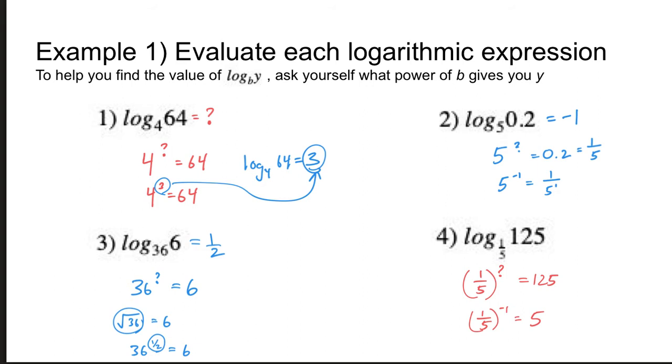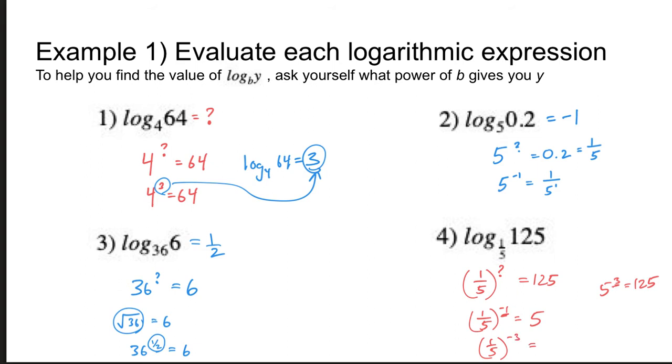Here's the other thing I'm thinking about: 5 to the third power. I know 5 to the third power is 125. So how do I go from 1/5 to 125? I've got to take both of these things into account. So the actual answer is 1/5 to the negative third power.